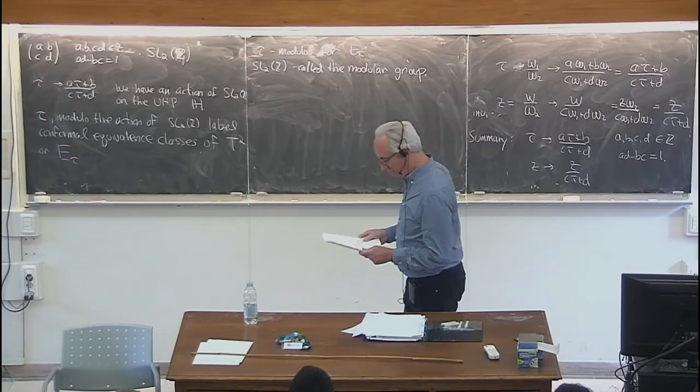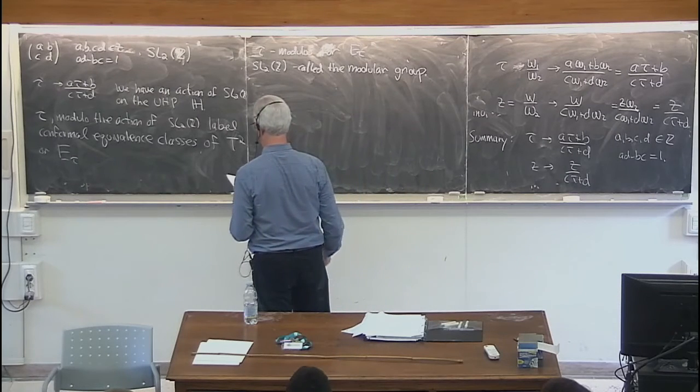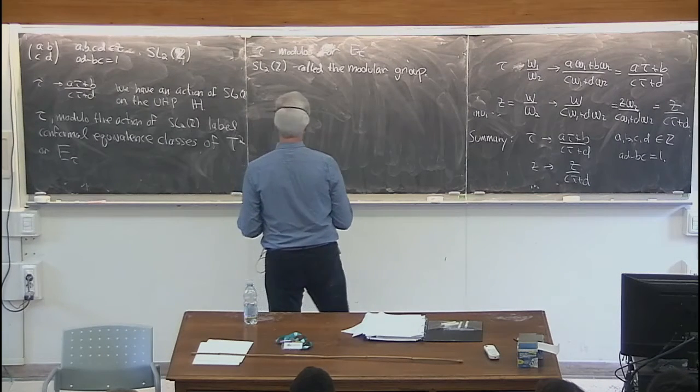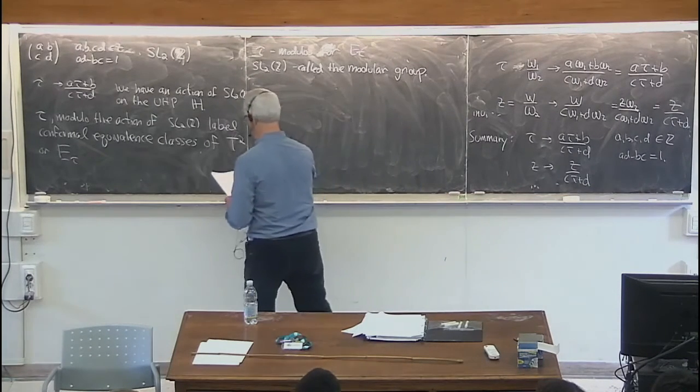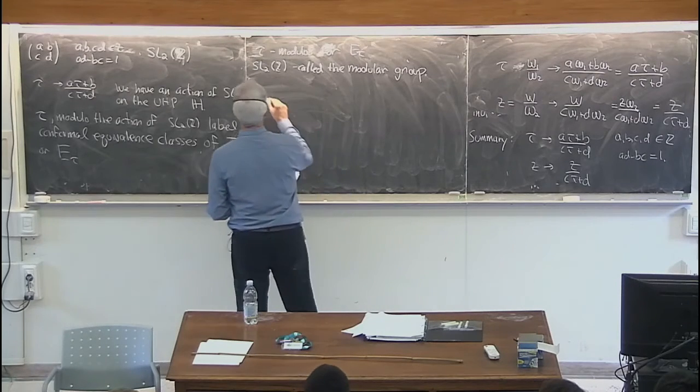There are a few facts about the modular group which I'm going to just state without proving. Well, okay, first of all, I guess I want to say something that's really kind of simple.